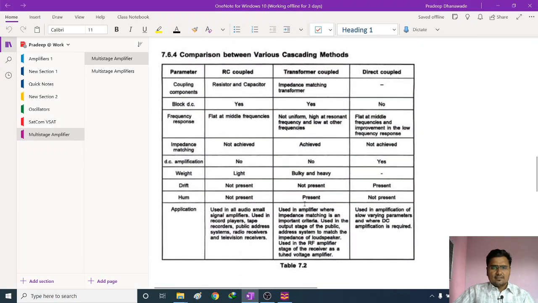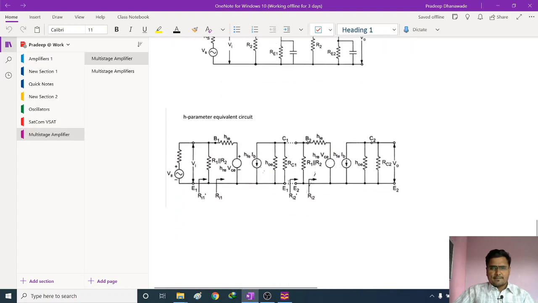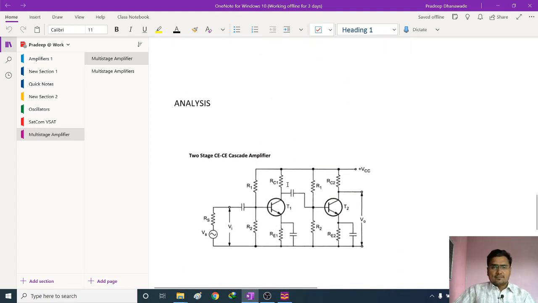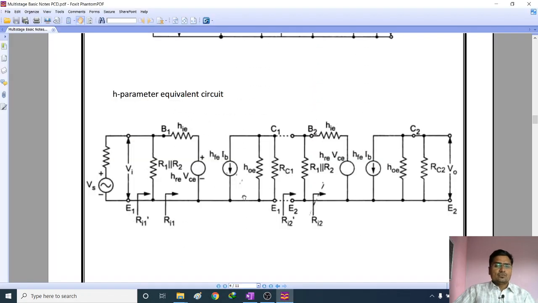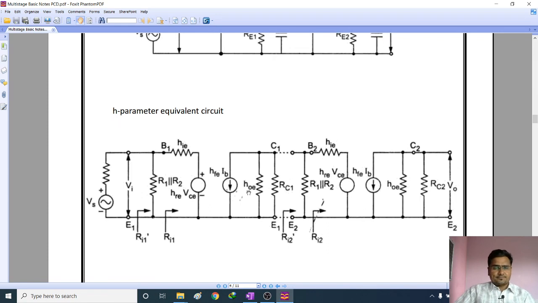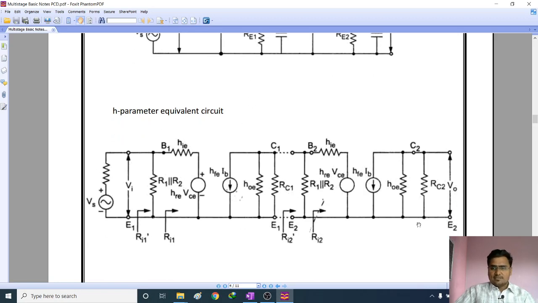Yes, we have a comparison. Yes, we have that in our notepad. Good. So in the next few lectures we will deal with this CE amplifier with this hybrid equivalent model. Even if it's not needed, still we will follow it.